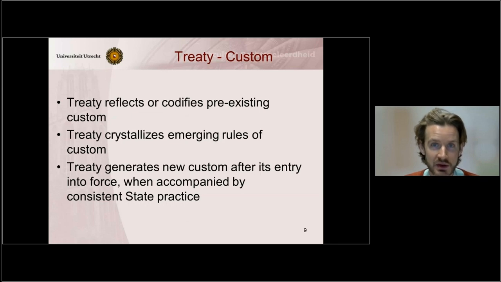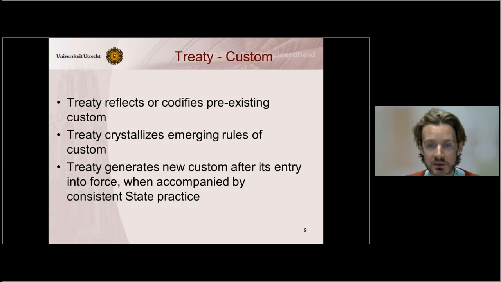So to summarize, there are three ways in which a treaty can assist in the development or the emergence of a norm of customary international law. First, the treaty can reflect or codify pre-existing custom. In the case of the North Sea Continental Shelf, that was not the issue, because the norm in the article to which Denmark and the Netherlands referred was not a reflection of existing customary international law.